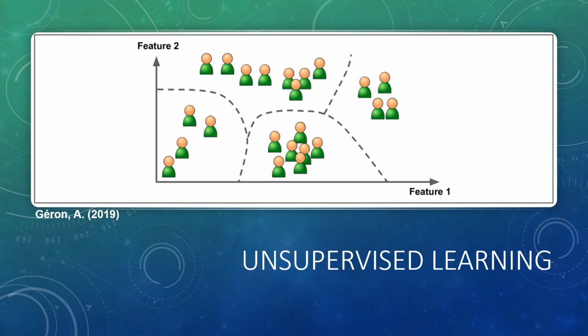But simply, I'm telling you this group of people, you need to find or group them. So what do you do? You try to find similarities between these people, and then you group them together. The way you learn is different than in the supervised way.